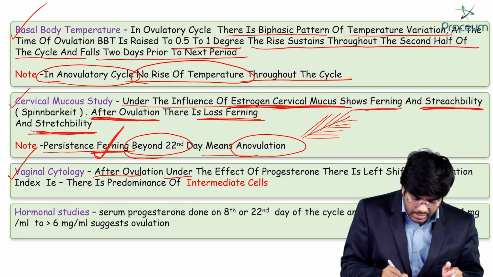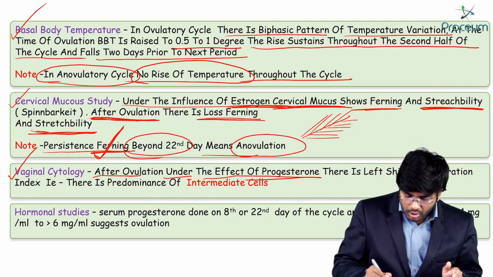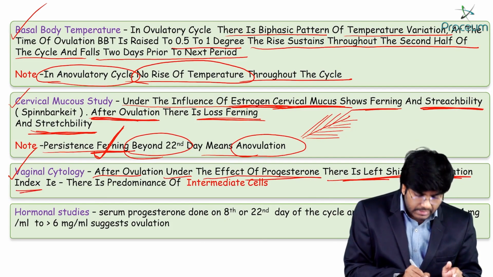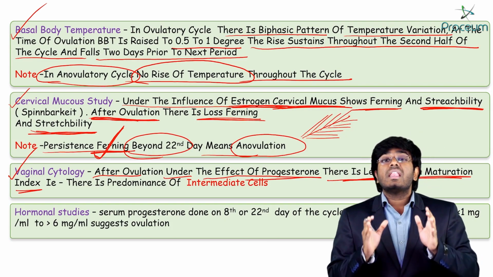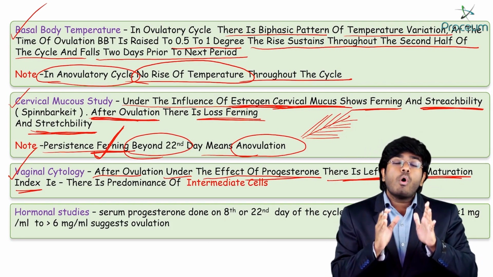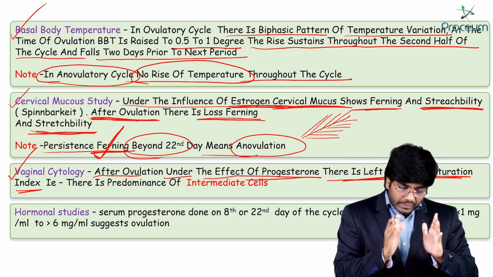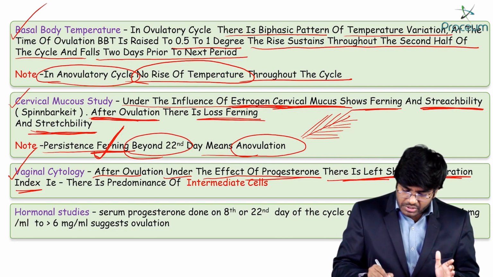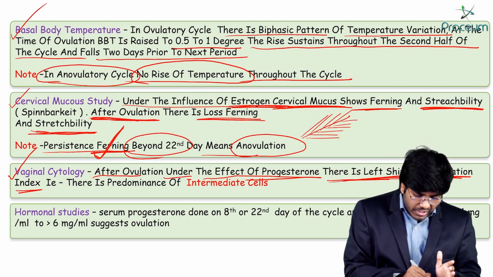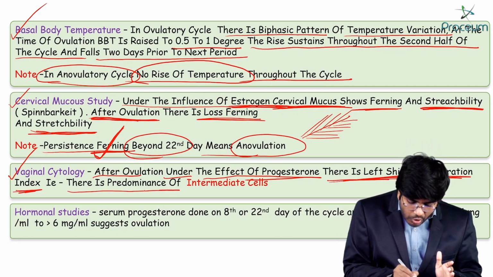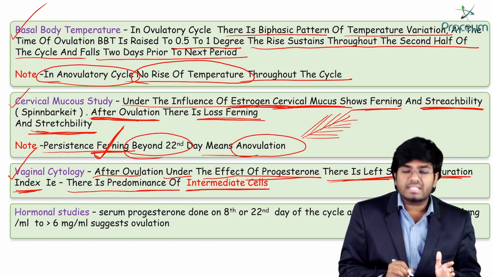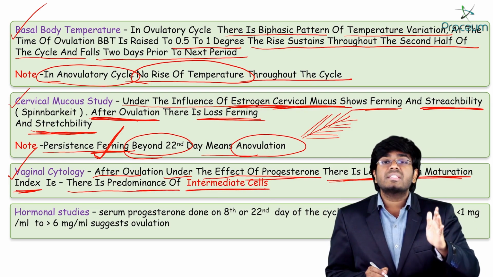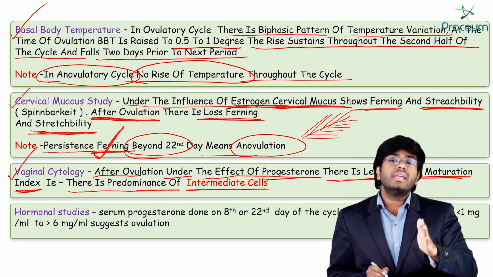After ovulation, under the effect of progesterone, there is a left shift in the maturation index. Left shift indicates more intermediate cells, that is, predominance of intermediate cells. So guys, if there are more intermediate cells, it indicates there is progesterone.